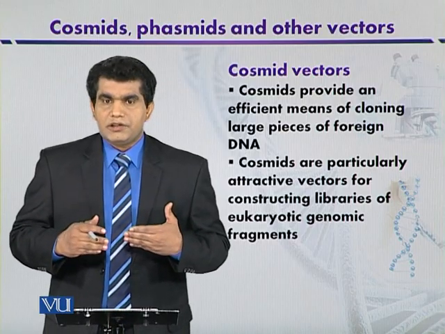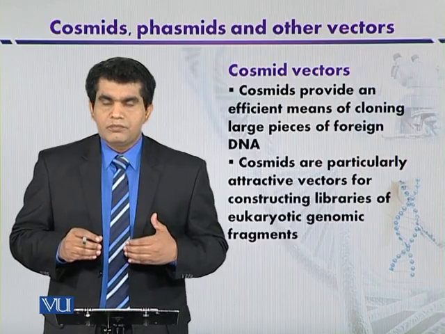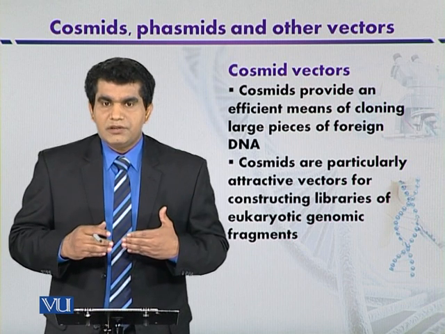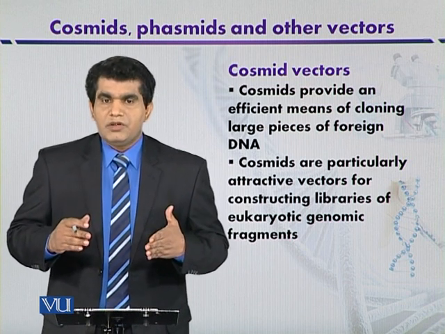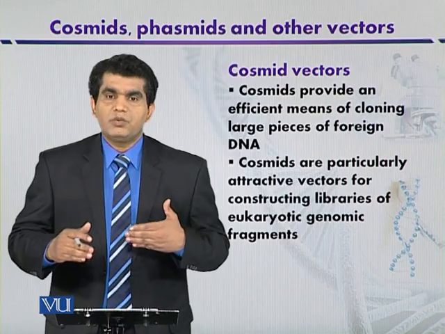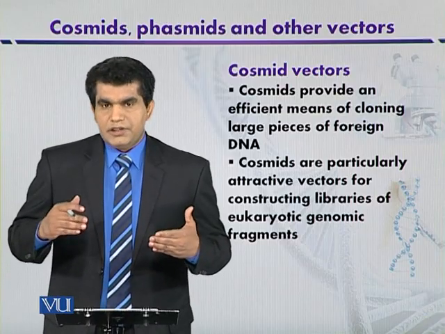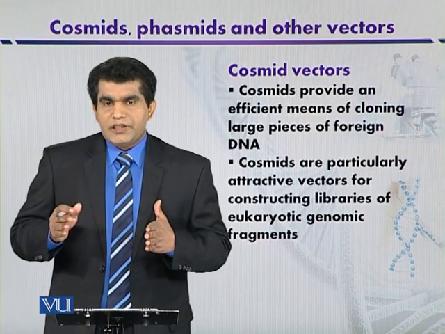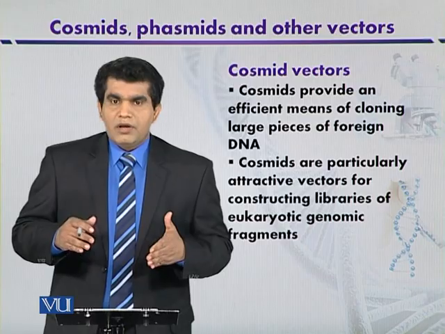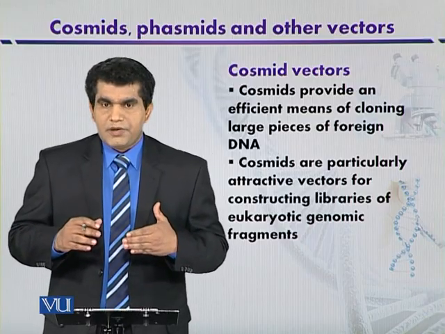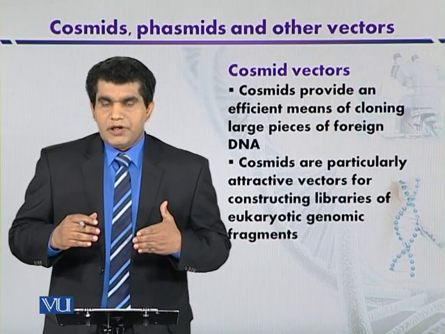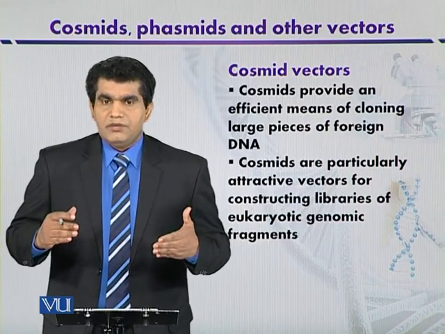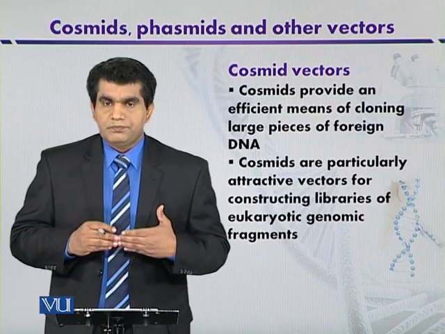Especially if we have targeted a eukaryotic organism to find our gene of interest, it can be digested with a particular restriction enzyme for a shorter period of time, which you can call a partial digestion, so that larger DNA fragments are produced. So the size of the genomic library will be small, and among a mixture of fragments, lesser time is required for screening. This is one of the advantages of the use of Cosmid vector.